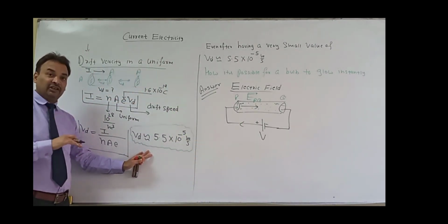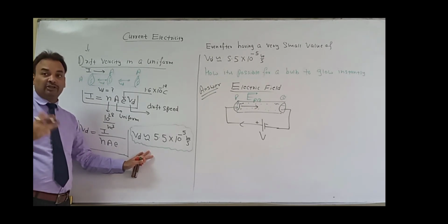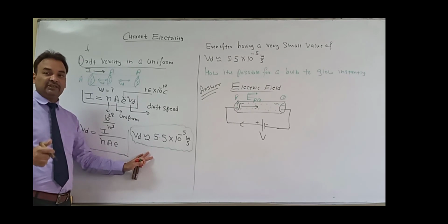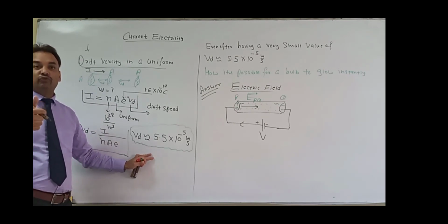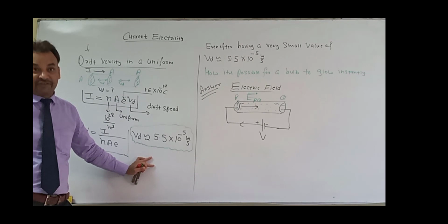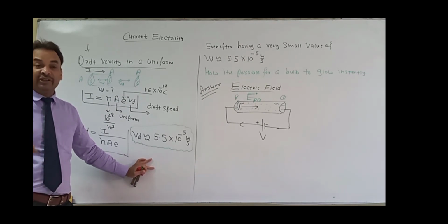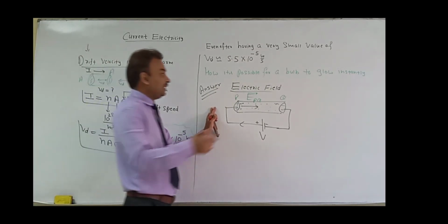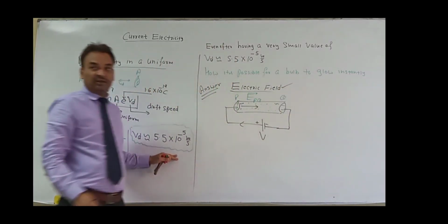If we tried to explain our answer in terms of the low drift speed, then the moment I switch on, the bulb would glow after a few seconds, or might be even after a few minutes. But in real sense, it is not happening. The moment we switch on, the bulb glows instantly. So the reason is the electric field, not the drift speed.